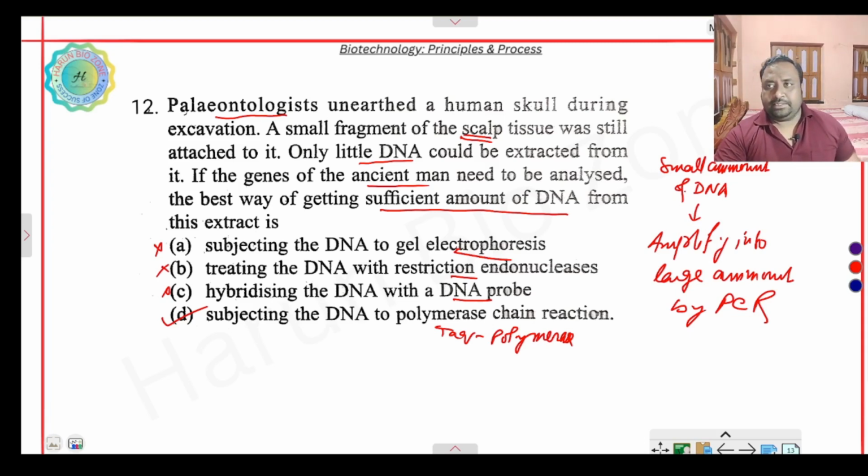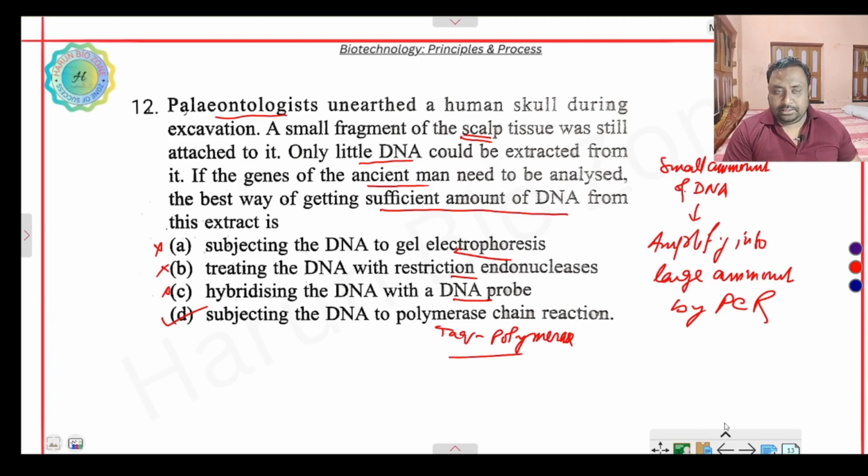Thermus aquaticus bacteria produce this Taq polymerase. Clear? And in the presence of this Taq polymerase, the DNA is amplified into many copies.